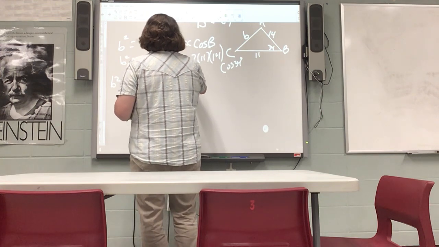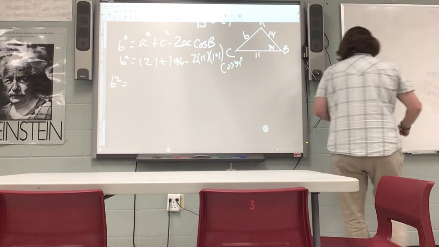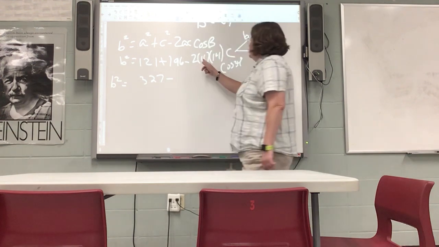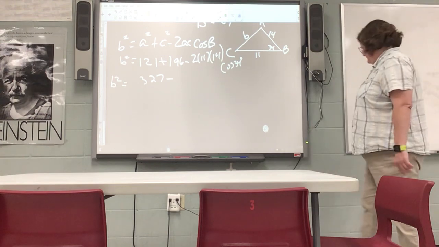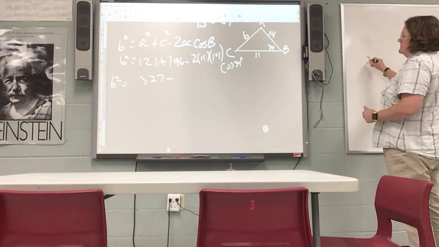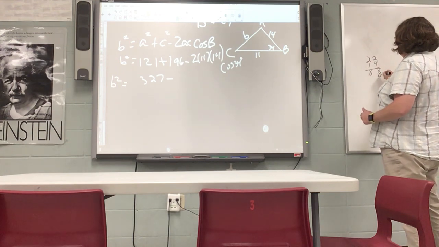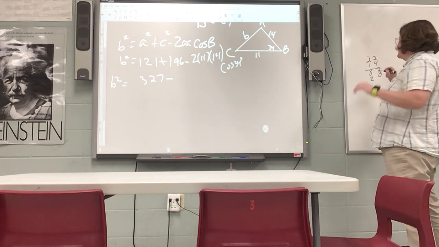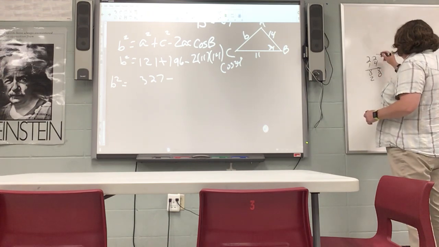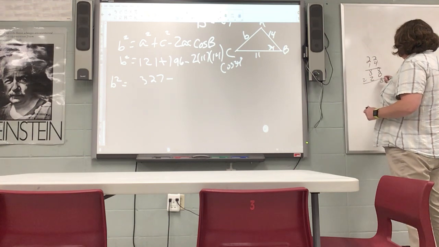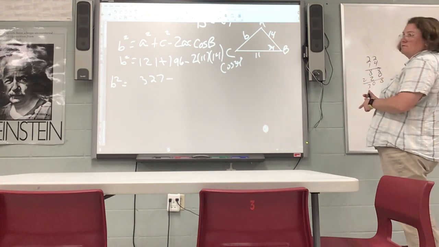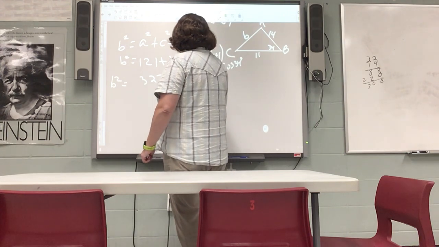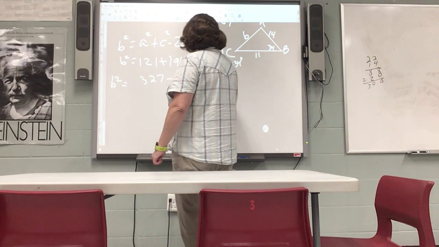What's 121 plus 196? 317. Minus 2 times 11 times 14, 22 times 14, is that 308? Minus 308 times the cosine of 34.